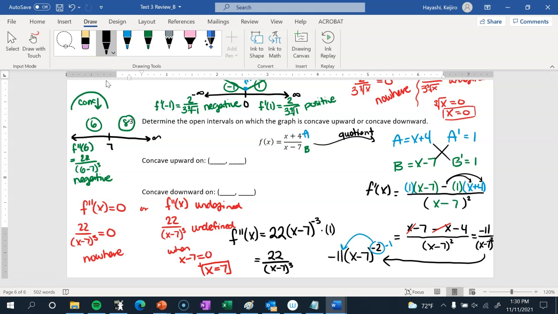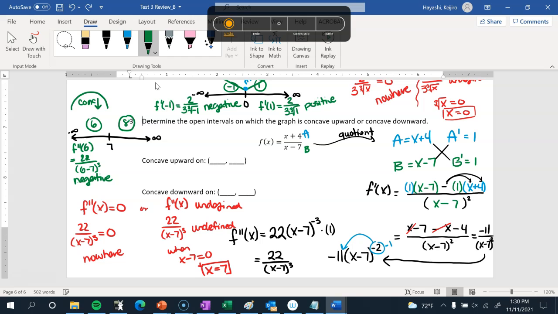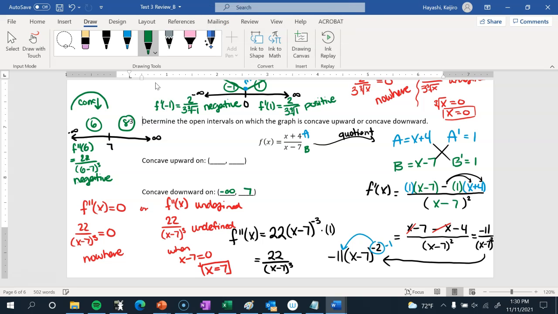Oh, I guess I forgot to write in the infinity and negative infinity. But yeah, so what that means is that the function is concave down on this left interval, the one that goes from negative infinity up to the critical number of 7. And similarly, plugging 8 into f double prime, that's going to give you 22 over (8 minus 7) all cubed. 8 minus 7 is positive 1, right?